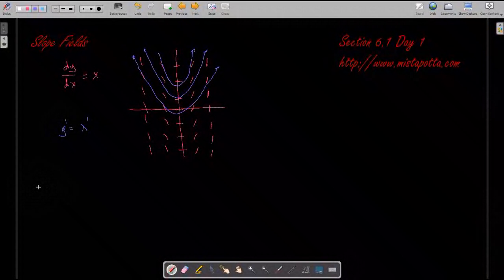And if I wanted to work backwards, I know that to take the derivative of something, I bring the exponent down. So I multiply the coefficient by my current exponent, and then I decrease the exponent by 1.